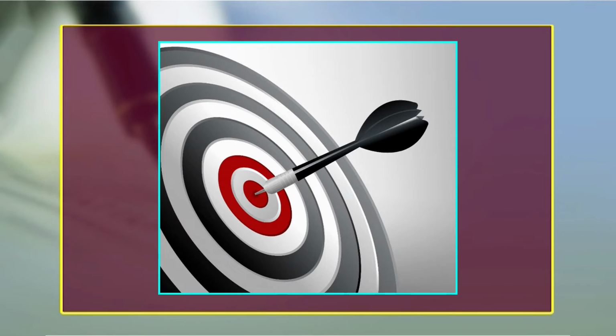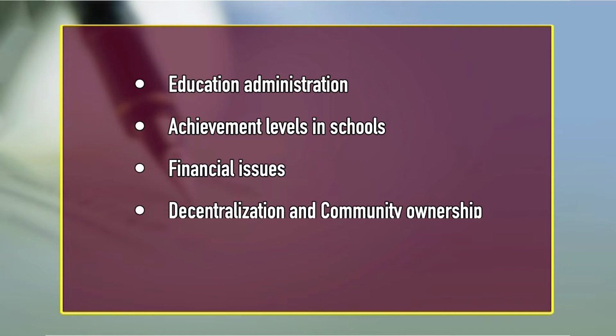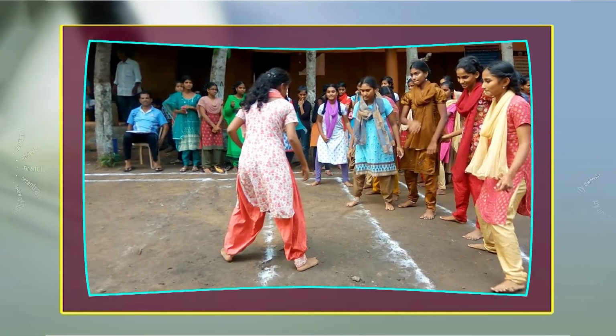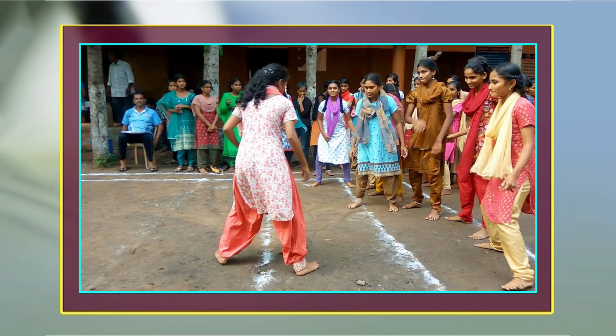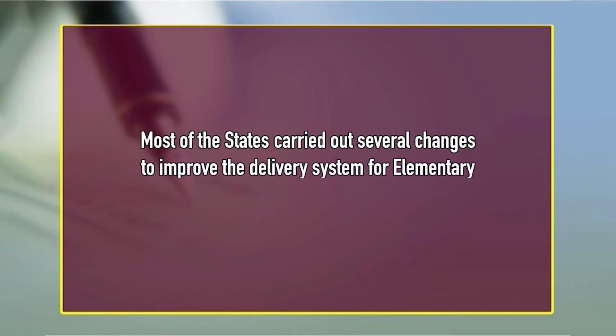The states will have to make an objective assessment of their prevailing education system, including education administration, achievement levels in schools, financial issues, decentralization and community ownership, review of the State Education Act, status of education of girls and other disadvantaged groups, etc. Most of the states carried out several changes to improve the delivery system for elementary education under SSA.